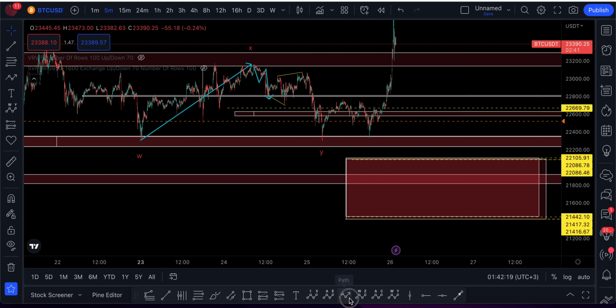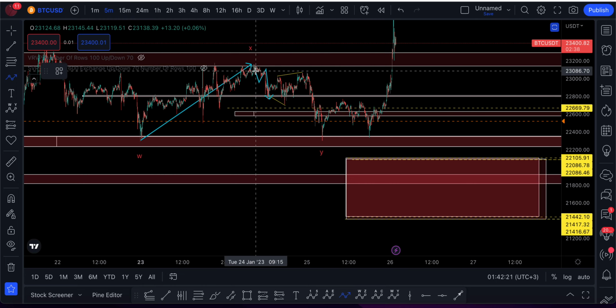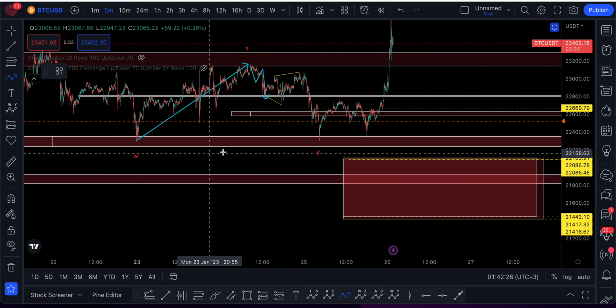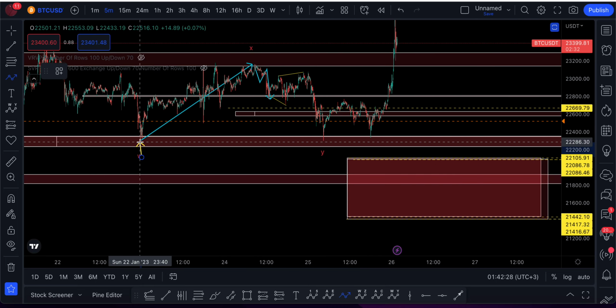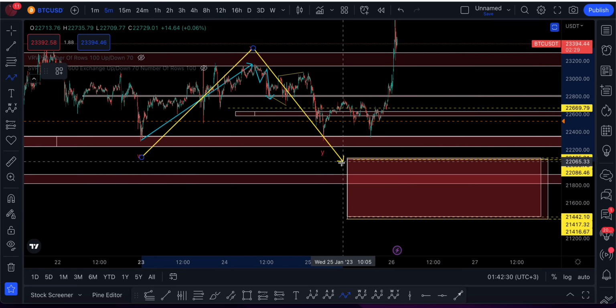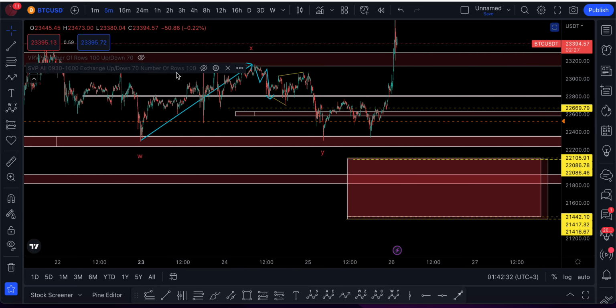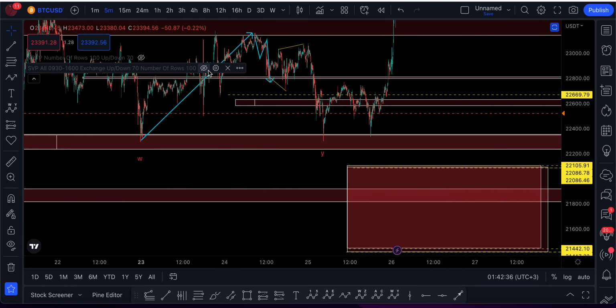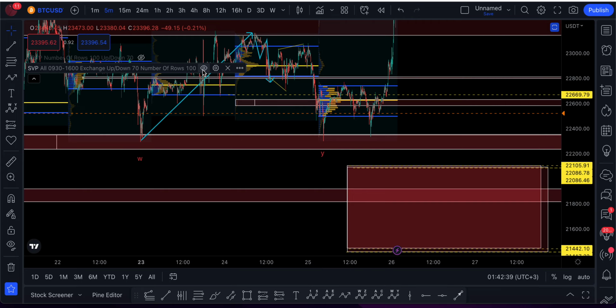Why? Because I considered this structure to be complete, as I counted 3 waves there and the 5 waves there, completing the W, X, and Y structure. All right, so from here, let me bring back my volume profile indicator.